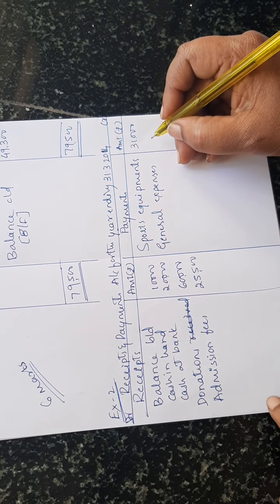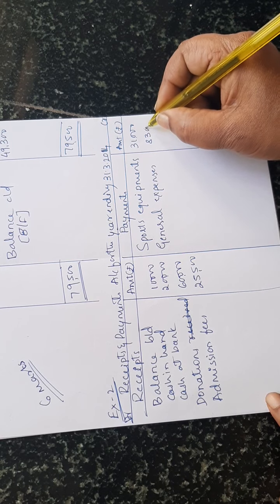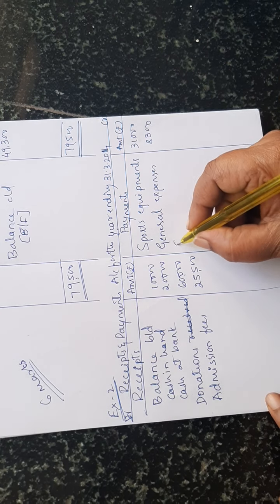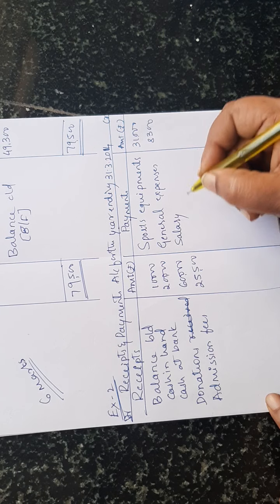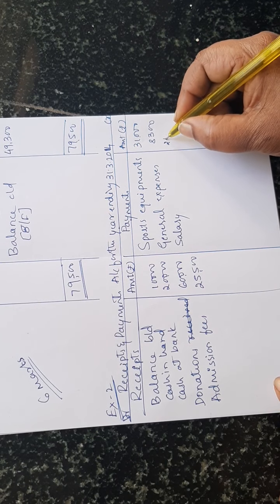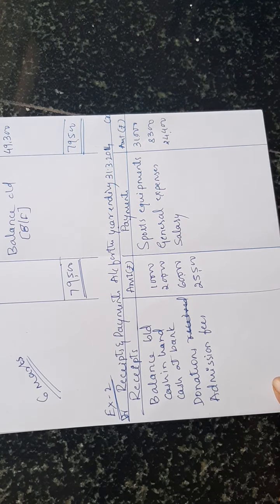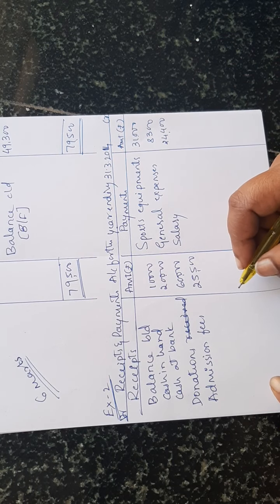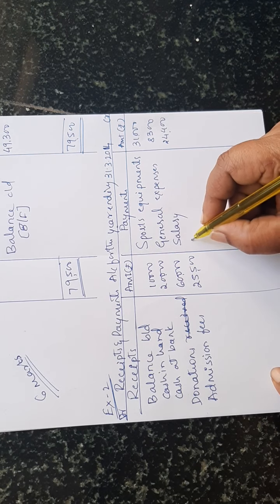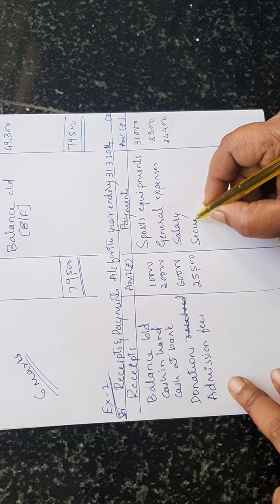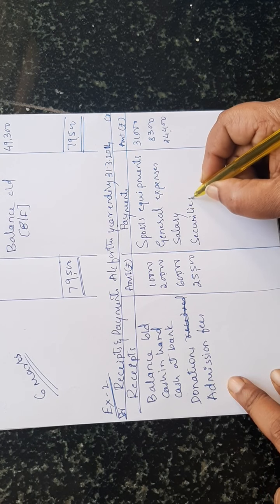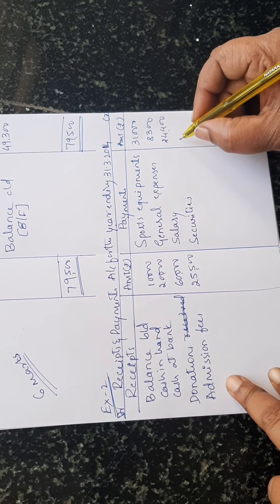General expenses total 8,300. Then salary. Salary paid to staff. Salary is 24,400. Then securities purchased. Securities means shares and debentures. Investment worth rupees 30,000.